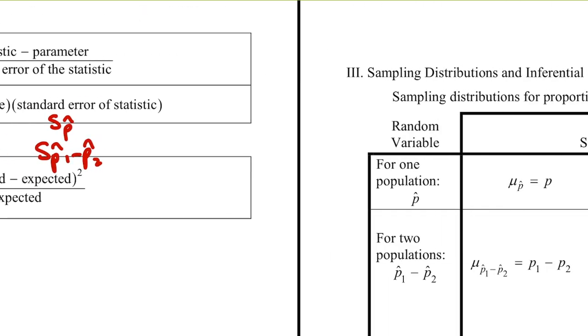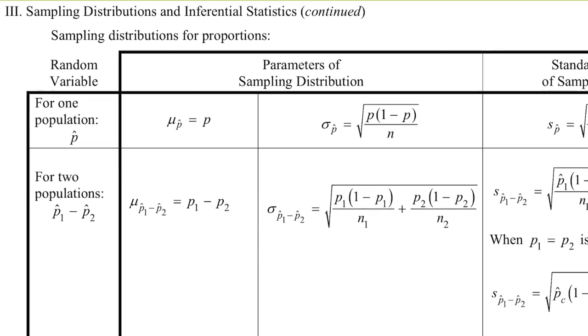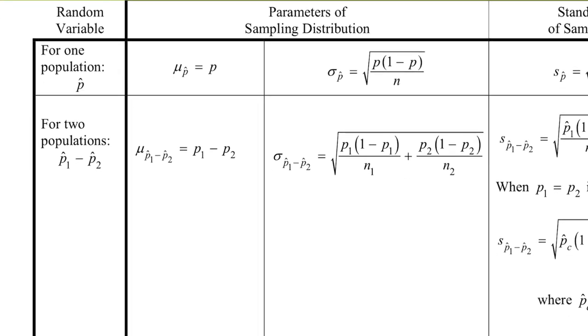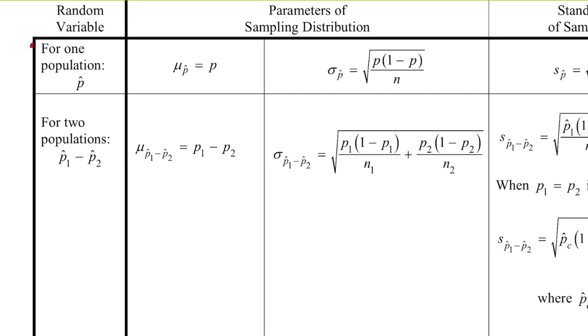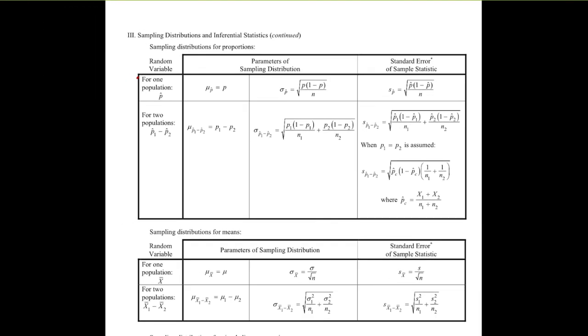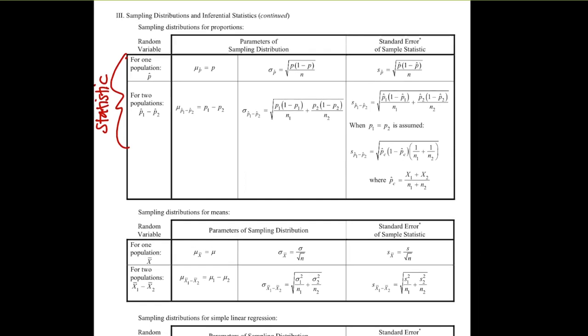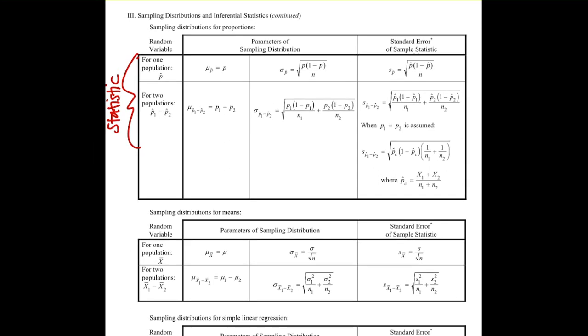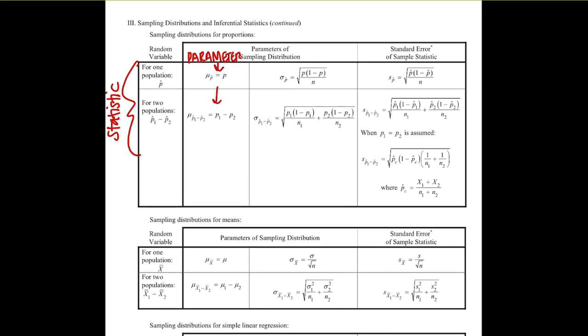I'll show you here. Basically, all of your statistics are in this column. So I'm just going to highlight this and write statistic. Then this column is your parameter. And then here is your population standard deviation, so we don't use that for intervals. And then here is your standard error.